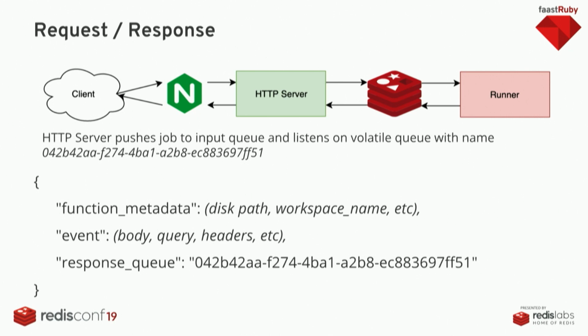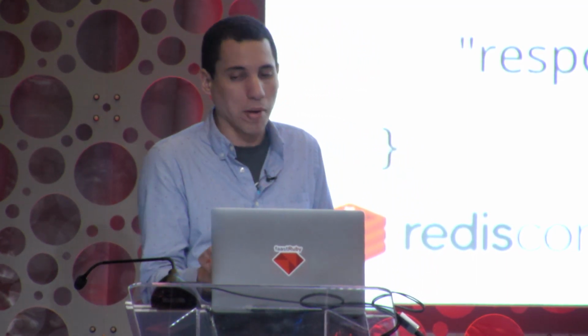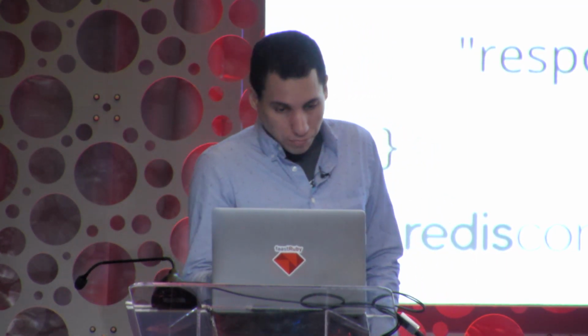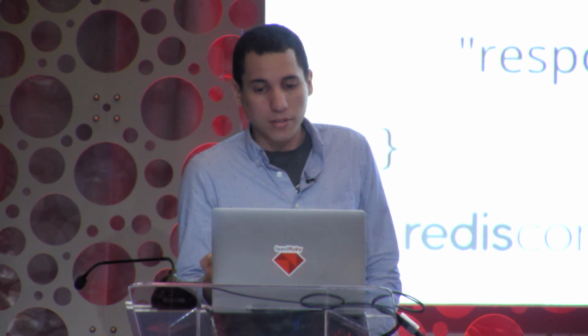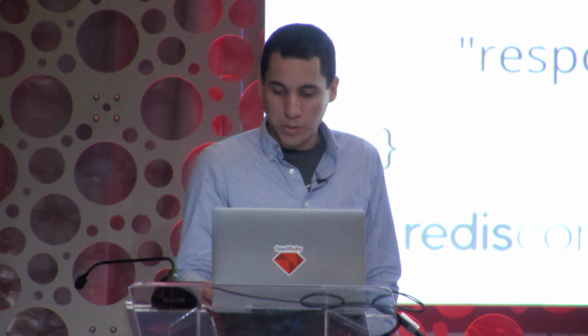We also pass the event properties like body, query, headers, etc. It will tell the runner, when you're done running the function, just put the response back into this queue that I'm listening to. That way, the HTTP server gets the response to the client, and that's basically how it works.